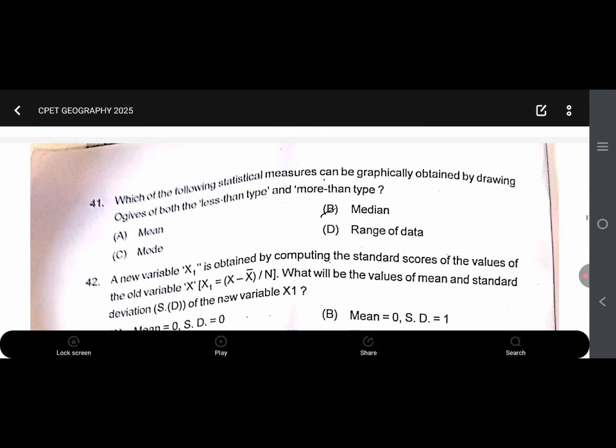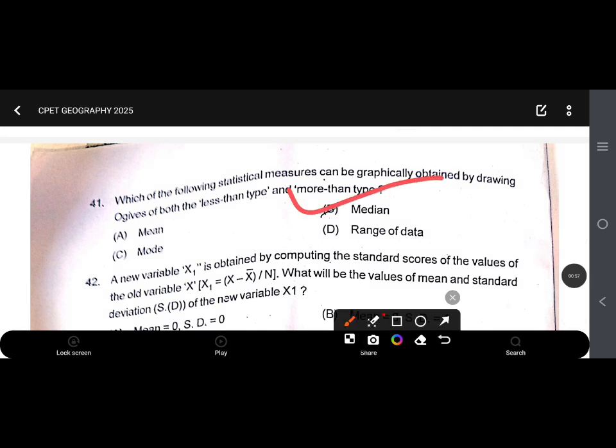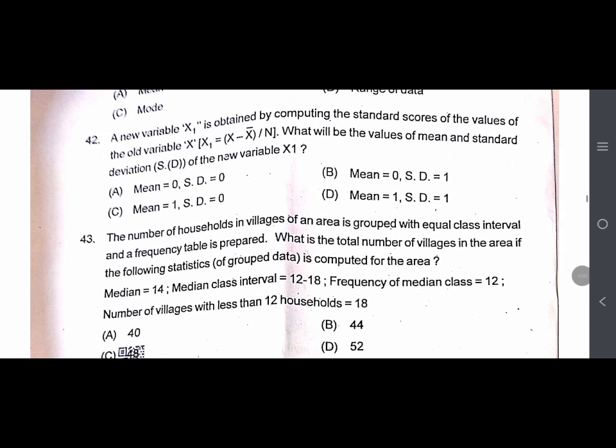41. Which of the following statistical measure can be graphically obtained by drawing ogives of both less than type and more than type? ठीक आंसर टी हबो मीडियन. 42. A new variable x1 obtained by computing the standard scores of the values of the old variable x is equal to x minus x dash divided by n.